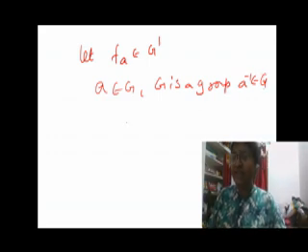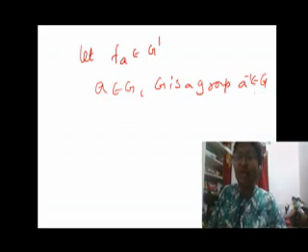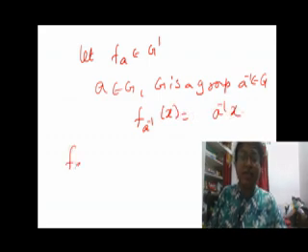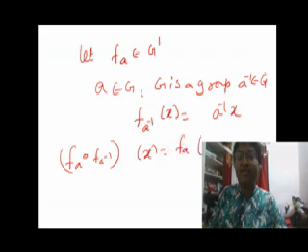For a inverse x in G, whenever we have an element in G, we can talk about the permutation f_A inverse. And how did we define f_A inverse of x? This is a inverse x. So right now I'm going to consider f_A composition f_A inverse of x. This is equal to f_A of f_A inverse of x, that is f_A of a inverse x, that is a a inverse x, because it is associative.